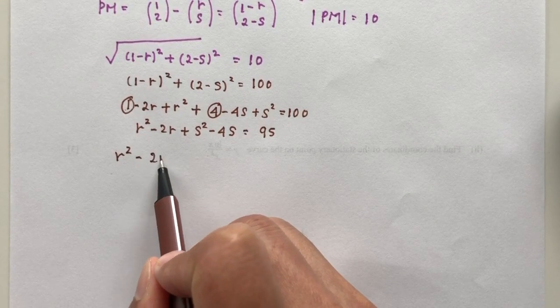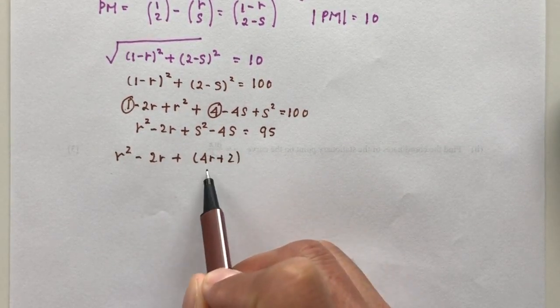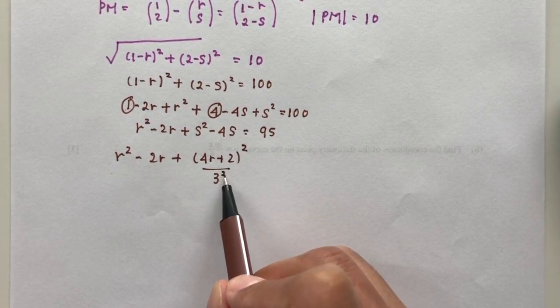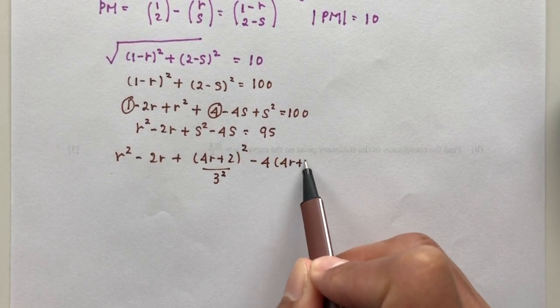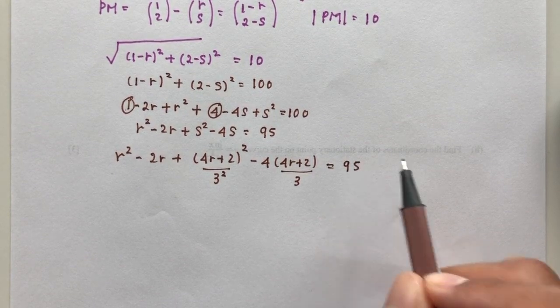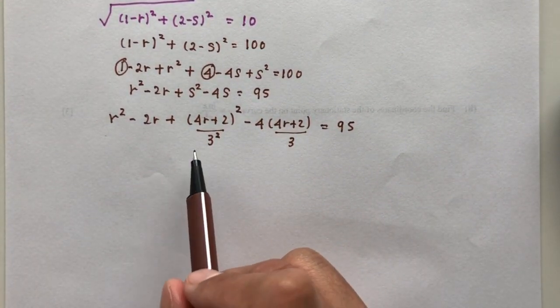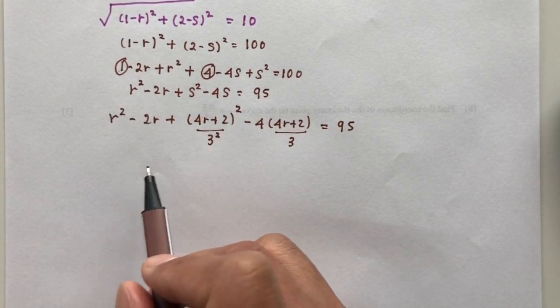So replace that in the equation. You will have ((4r plus 2) over 3) squared, since it is square, minus, same thing, (4r plus 2) over 3, equal to 95. So now what can we do? Let's simplify this. This will be 9.